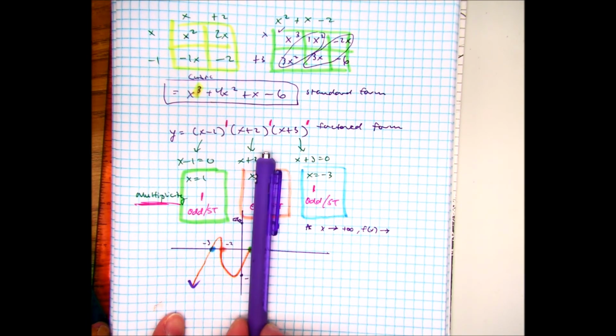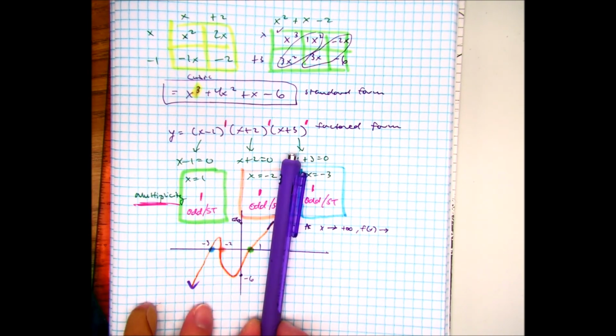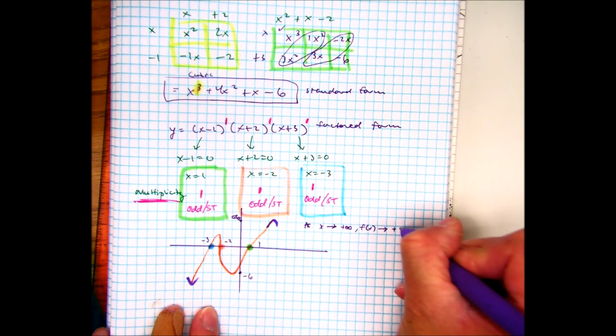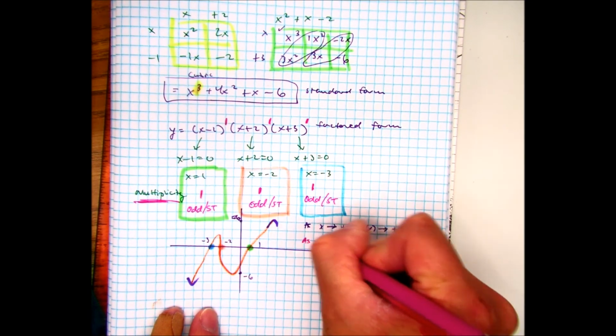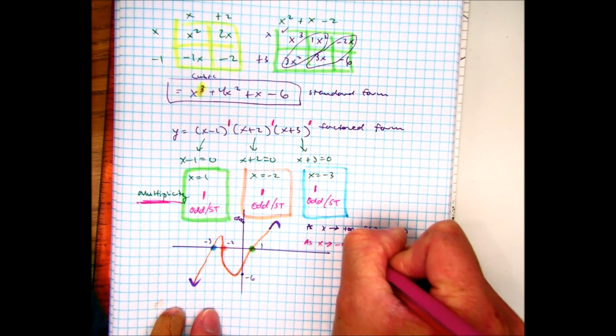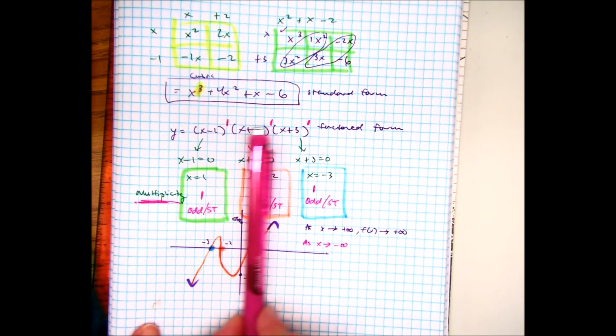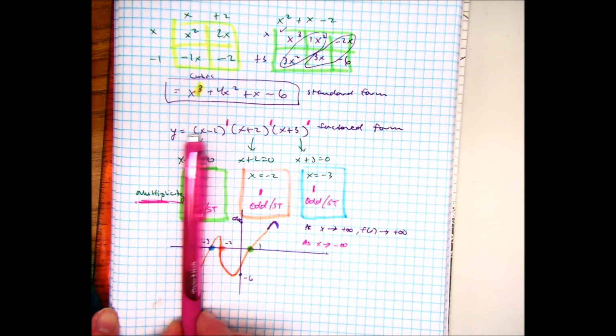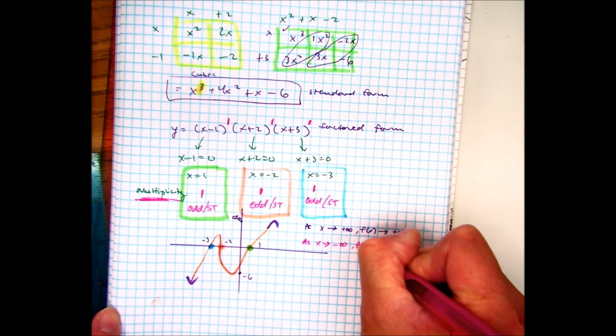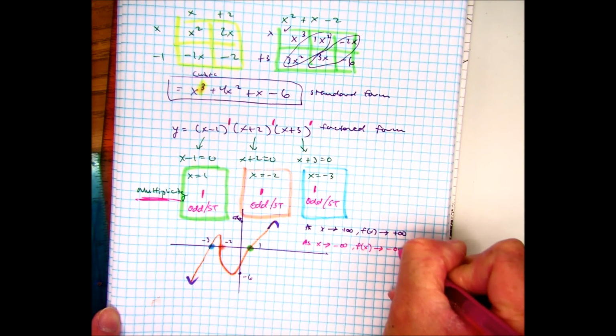What's the last thing I'm touching? The arrow. Where's the arrow going? Up. Up, which means what? Positive. As x approaches negative infinity, so I want to know what happens if I'm going left. What happens, class? As x approaches negative infinity.